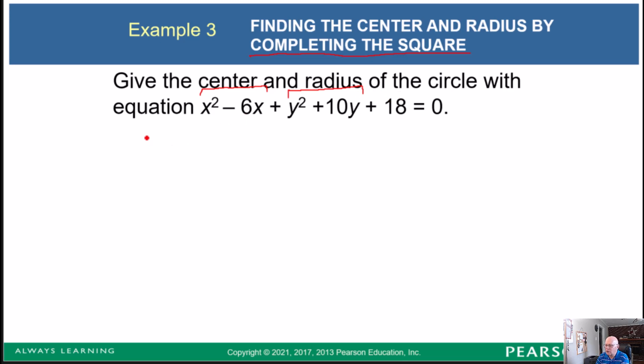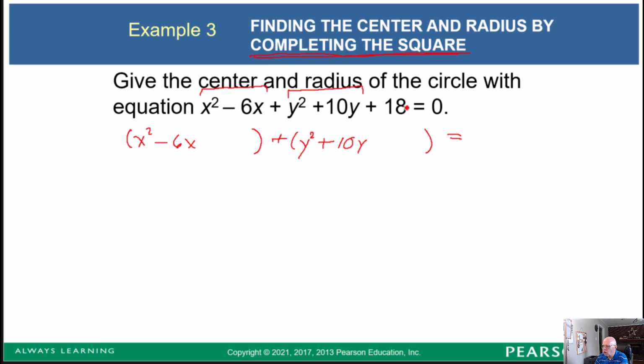The first thing we're going to do is separate these, and we're going to leave a blank with the x's because we're going to be completing the square. Plus y squared plus 10y, leave a blank again.